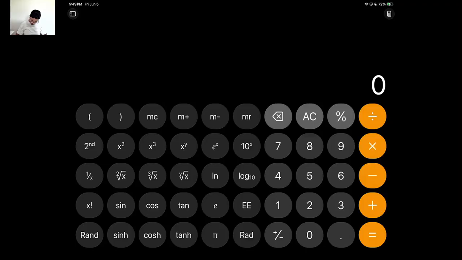Do the same thing in your calculator. Where do I see? Is there a thing like a second function here or not? We are in the scientific form. I see sine, cos, tan, but do I see sine inverse? The ones at the bottom are sine hyperbolic.